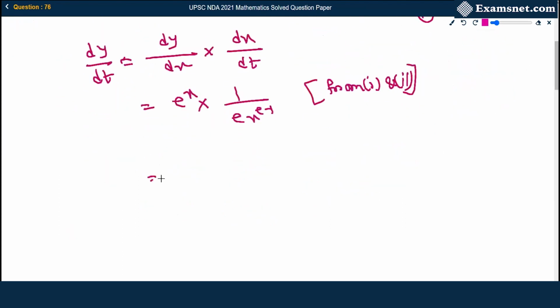So here we can write e to the power x over x to the power e minus 1. So it becomes e to the power x and x to the power e.